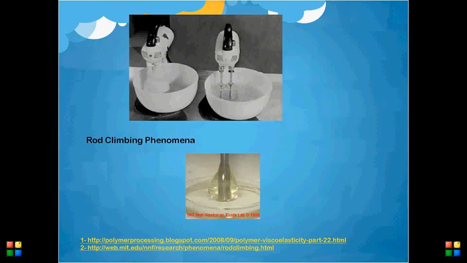While in rotation, viscoelastic forces are generated as a consequence of the stretching of the polymer-like molecules in the viscoelastic fluid. These forces result in a net positive normal force that causes the fluid to climb up the rod.